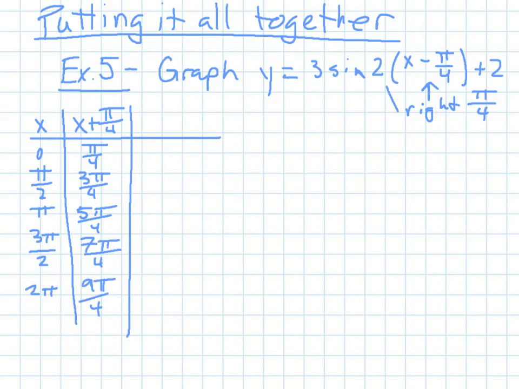Okay, now look at your k value. Your k value is equal to 2, so remember that the period is equal to 2 pi over k, which is 2 pi divided by 2 in this case, so that gives me pi. So I divide that by 4 to get my new increments.